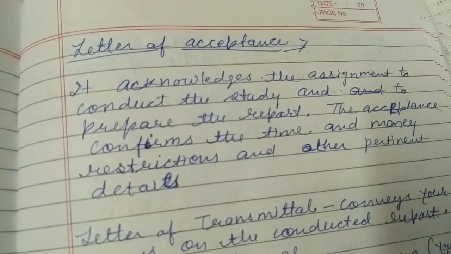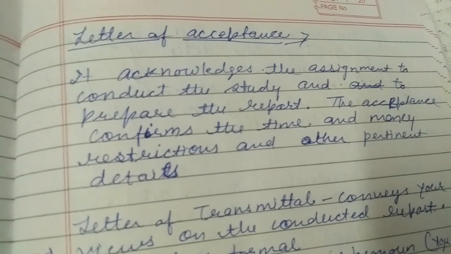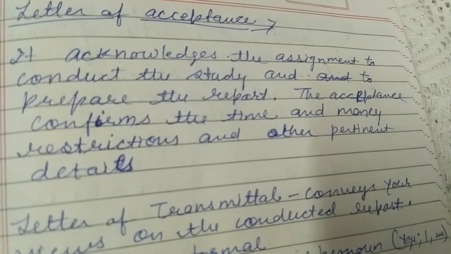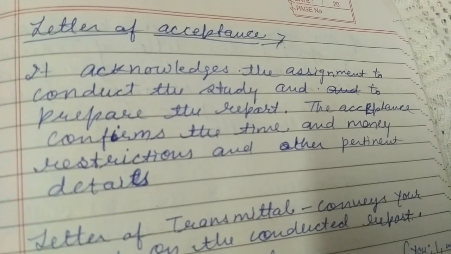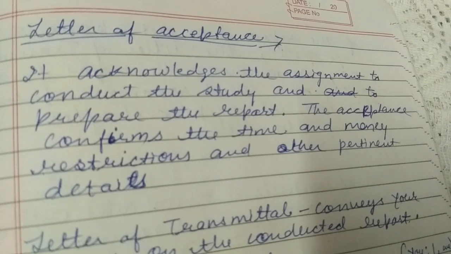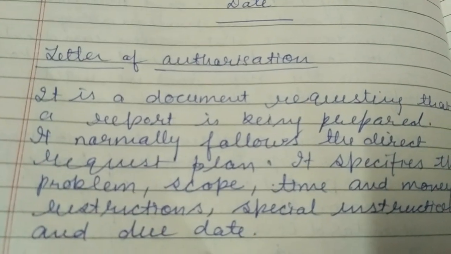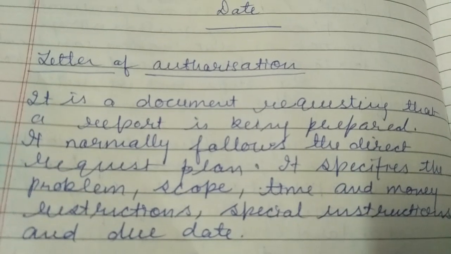The acceptance confirms the time and money restrictions and other pertinent details. The letter of acceptance is prepared by the writer of the report, who is going to prepare the report. The letter of authorization is provided by the company to the writer.